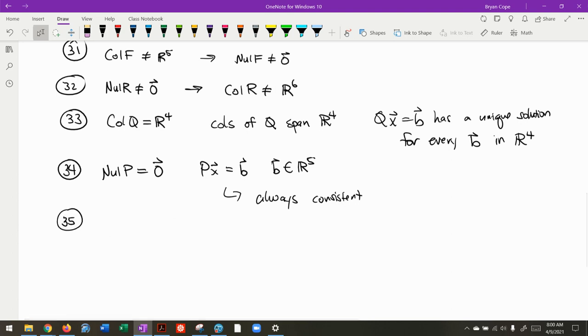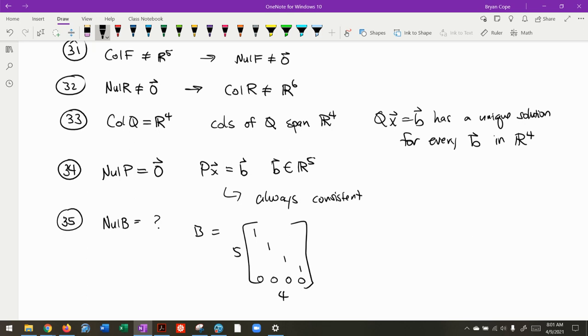All right, for 35, what can you say about null B when B is a 5 by 4 with linearly independent columns? Okay, if we have linearly independent columns, that means we have a pivot in every column. But of course, we will have a non-zero row at the bottom because it's a 5 by 4, right?